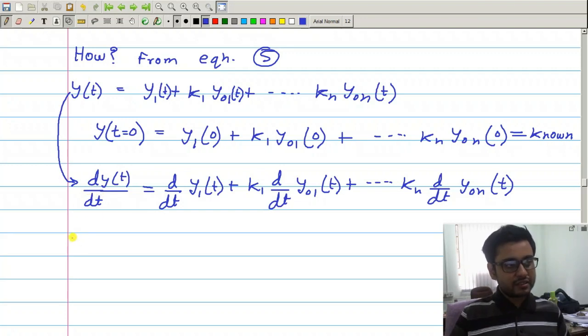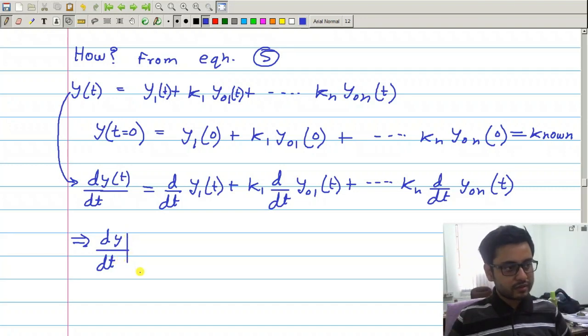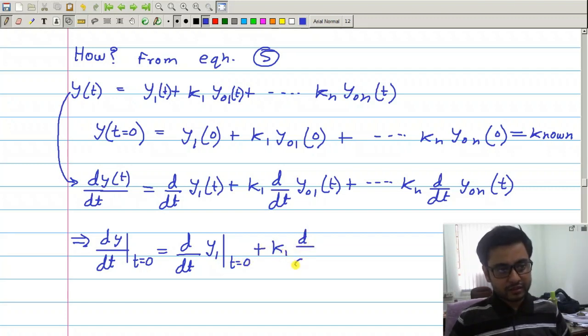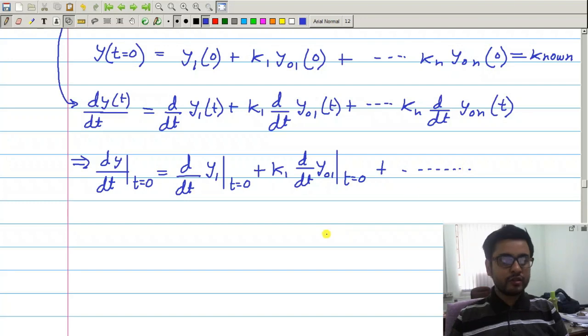And from this, now if I put t equal to 0, at t equal to 0, similarly the right hand side evaluated at t equal to 0 plus k1 times this term evaluated at t equal to 0 plus so on.